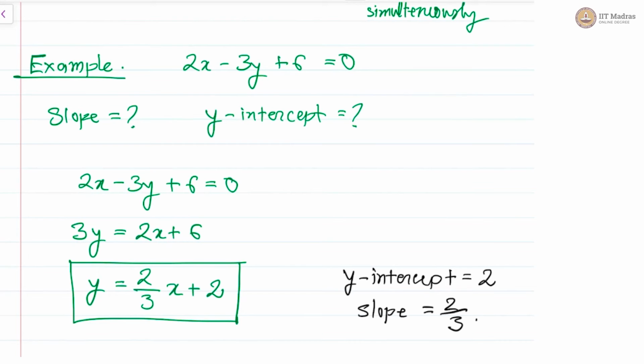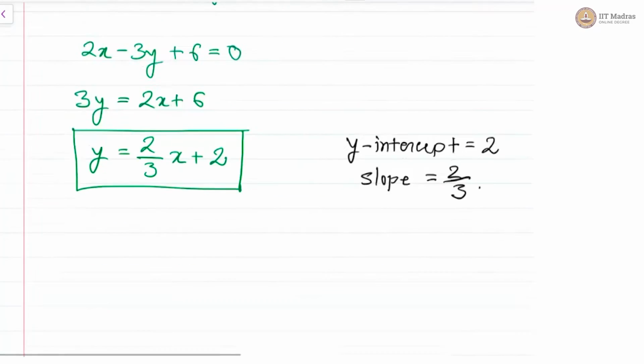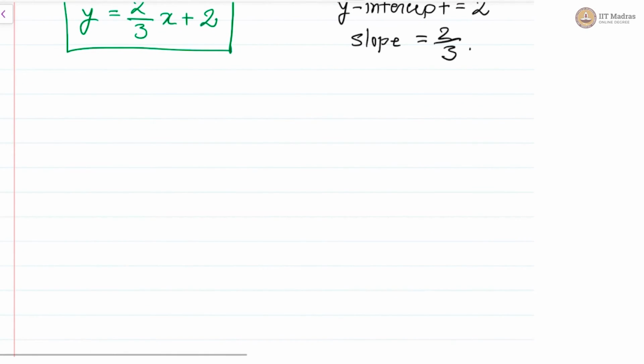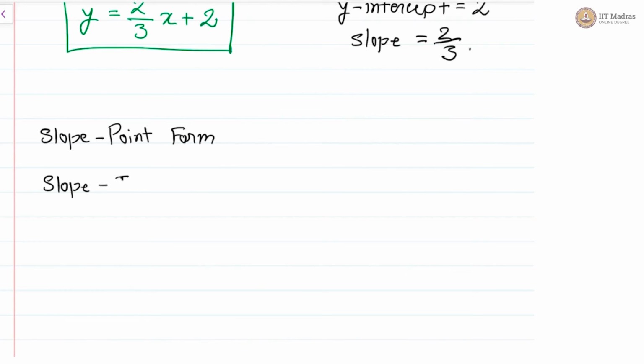So let me revise what we have done so far in equation of line. So first I told you what is slope point form of equation of line. Then from slope point form we derived slope intercept form.